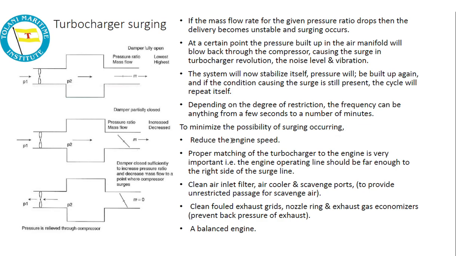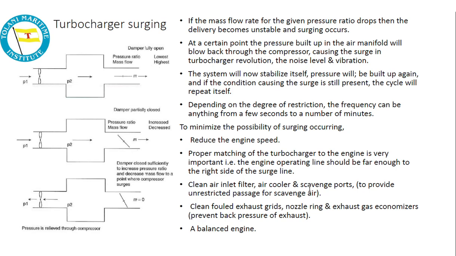Depending on the degree of restriction, the frequency can be anything from a few seconds to a number of minutes. To minimize the possibility of surging, reduce the engine speed. Proper matching of the turbocharger to the engine is very important, that is, the engine operating line should be far enough to the right side of the surge line. Keep the air inlet, filter, air cooler and scavenge ports clean to provide unrestricted passage for scavenge air.